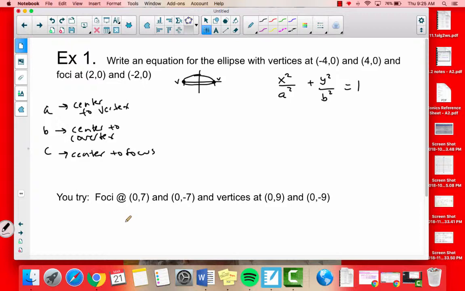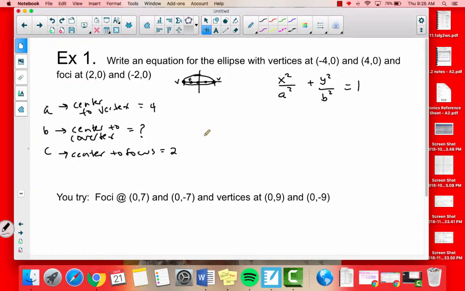All right, so I can go ahead here and look at what I've got. So I know from the center, which is 0, 0, to the vertex is going to be 4. So that's going to be 4. The only other thing they gave us were the foci, and those are at 2, 0 and -2, 0. So to go from the center to one of those foci would be a length of 2.